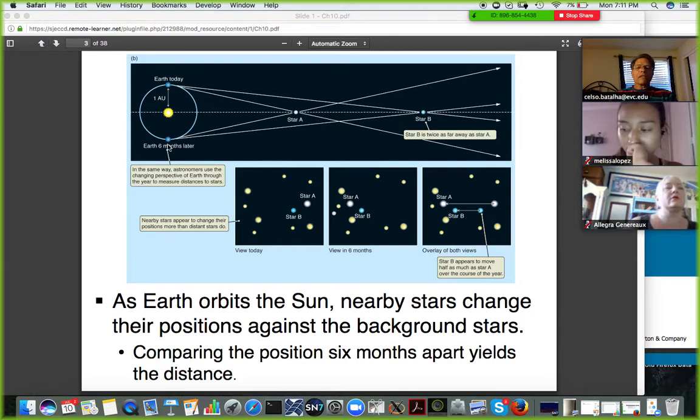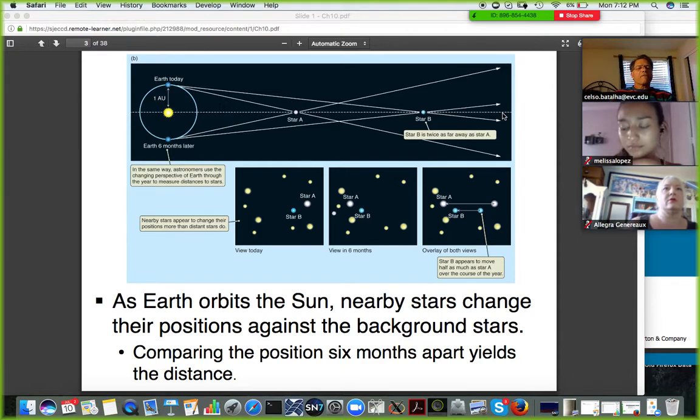So the main point is, if you think about the Sun and Earth system, a star that's closer to us, another star that's a little bit further, and stars that are even farther away, as we move around the Sun, or going to the highway example, as we drive through the highway, those features that seem closer to us move past us with a rate of change in position much more severe than those that are further away.